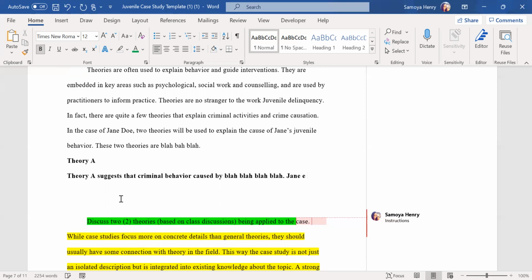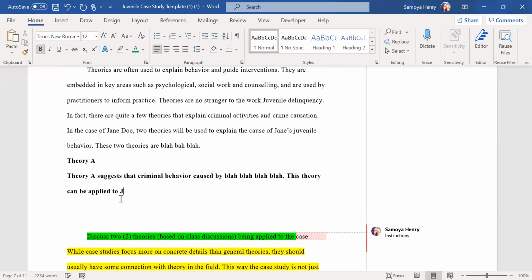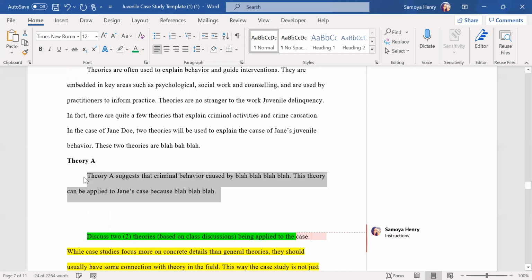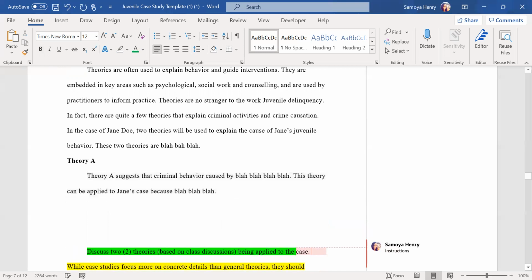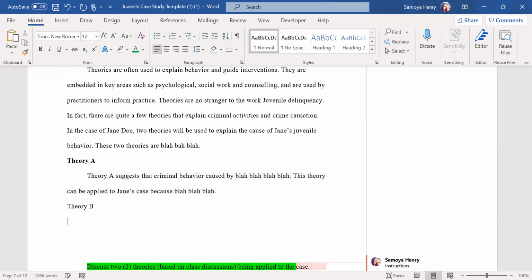Jane, or this theory, can be applied to Jane's case because blah, blah, blah. A paragraph, that's it. One paragraph to explain this, right? Then you move on to theory B, right?